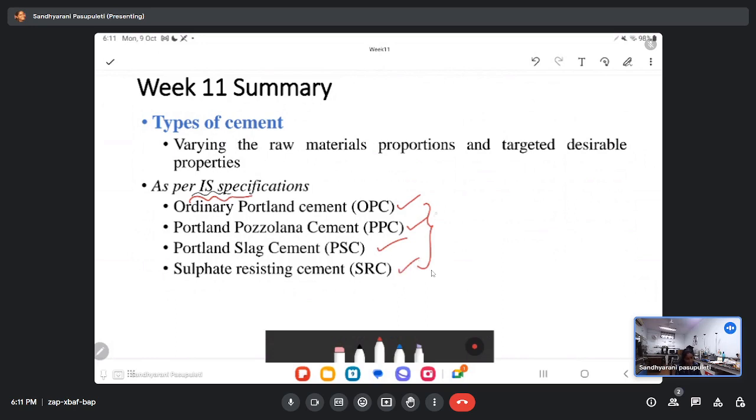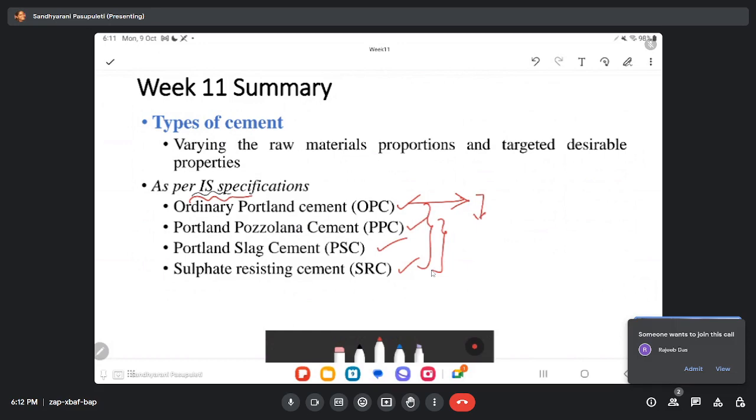One thing we have to observe is that this is a normal kind of cement which we all know, OPC. But in order to produce the remaining three, PPC, PSC and SRC, we still use the basic OPC, but to that OPC we do blending. When I say blending, we will be adding either extra pozzolanic materials or admixtures.